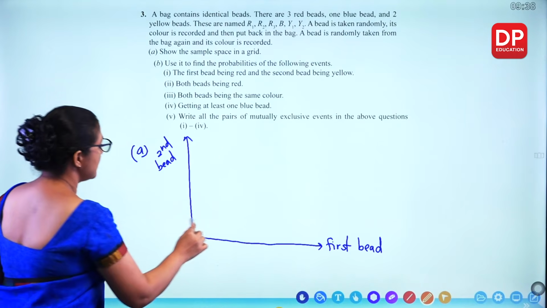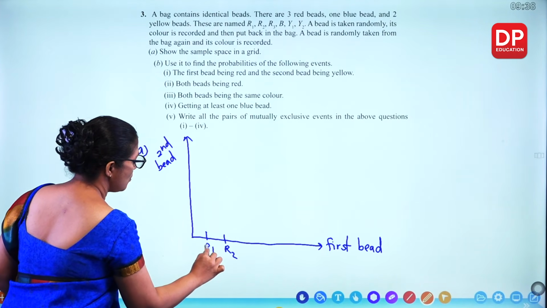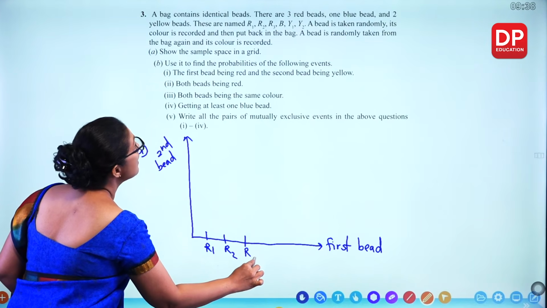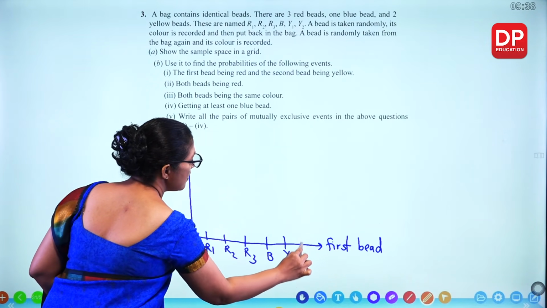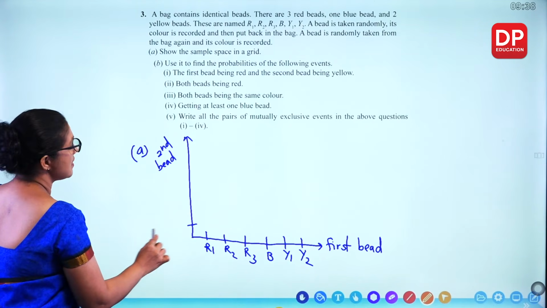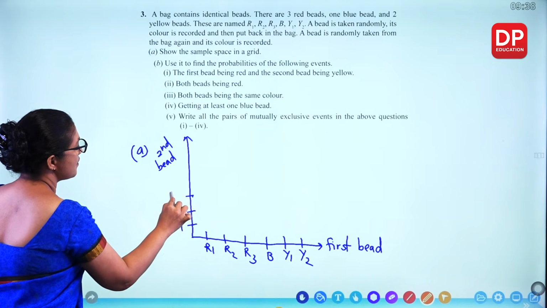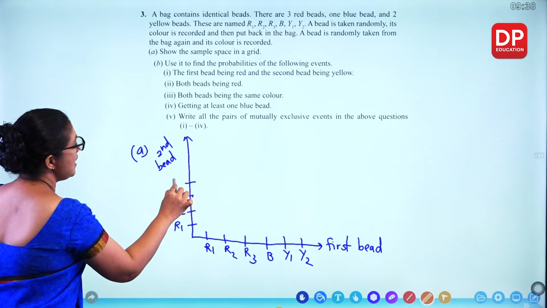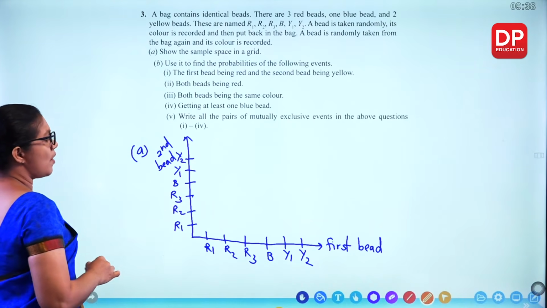What are the colors here? R1, R2, R3, B and Y1, Y2 here. So same thing on the other side: R1, R2, R3, B, Y1 and Y2.